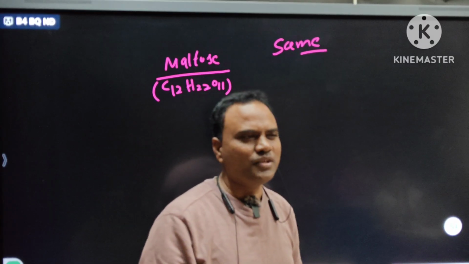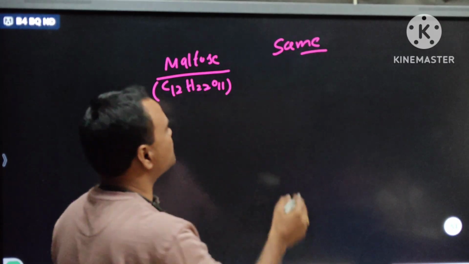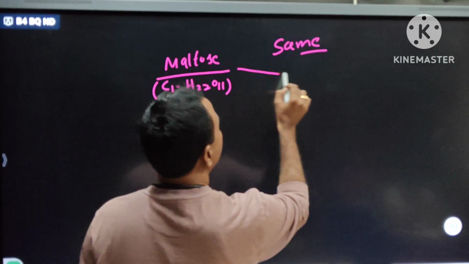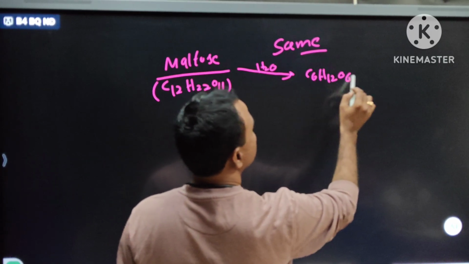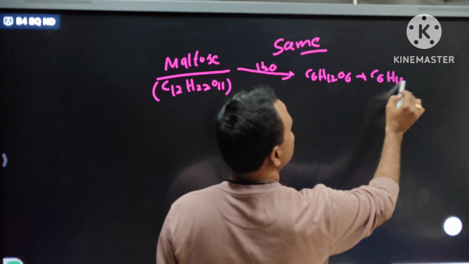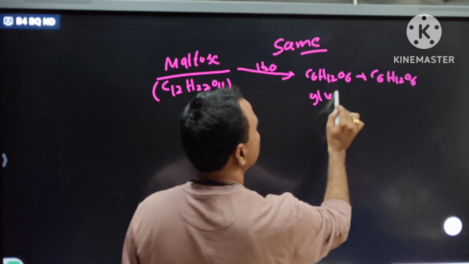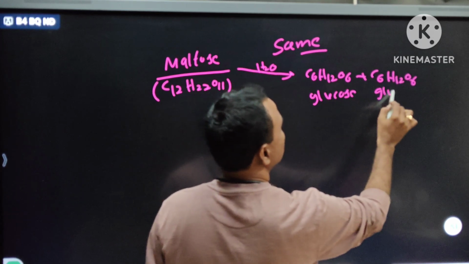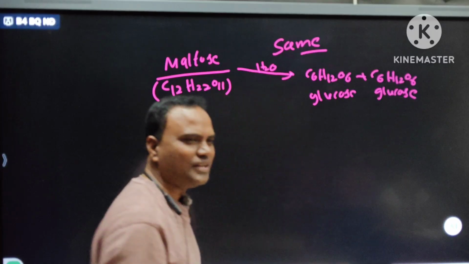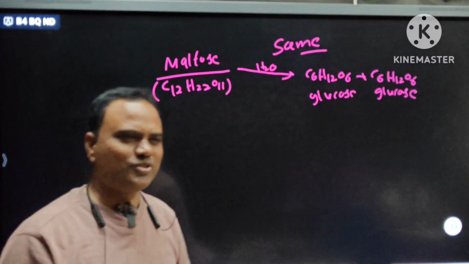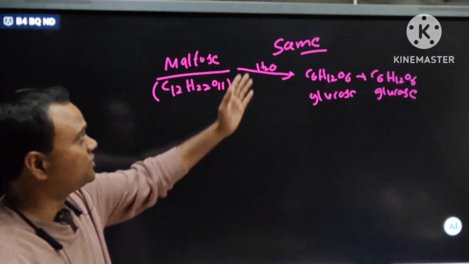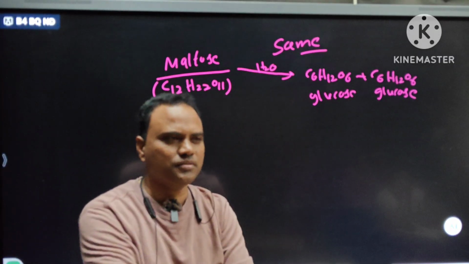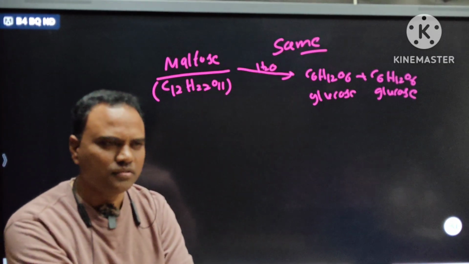Maltose upon hydrolysis produces C6H12O6 plus C6H12O6, the same. So it is glucose only, composed of 2 glucose units. Clear? Right.